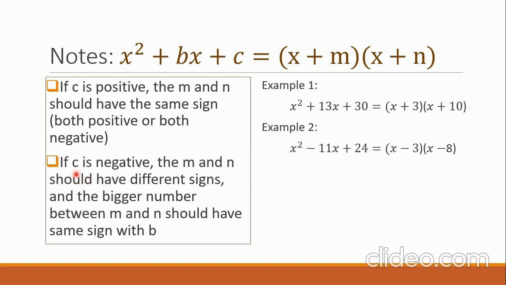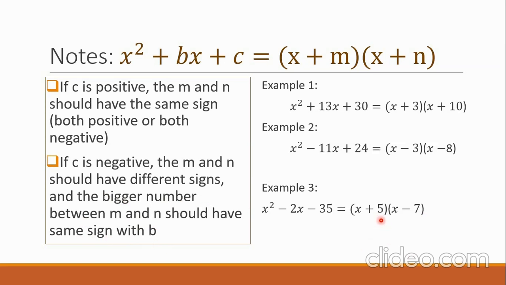Now, if c is negative, the m and n should have different signs. Look at our example 3. Our constant here is negative 35. The values of m and n have different signs. One is positive, the other is negative. And there is another clause here. The bigger number between m and n should have the same sign as b.